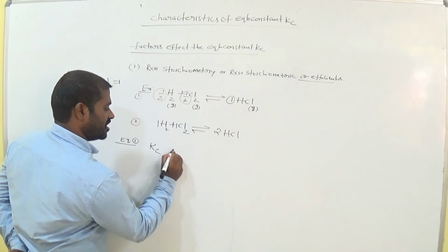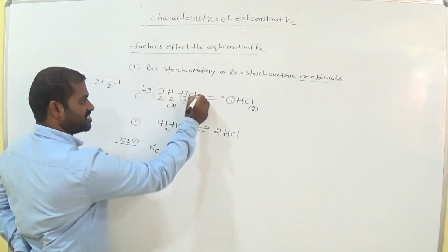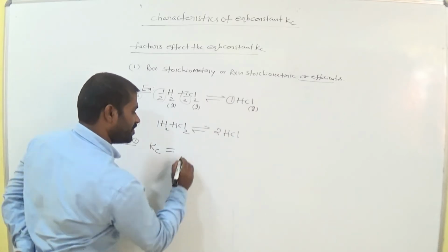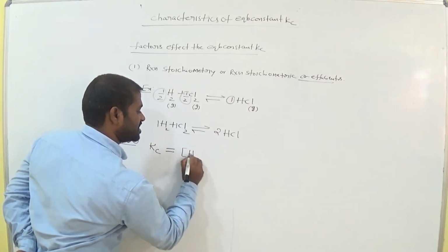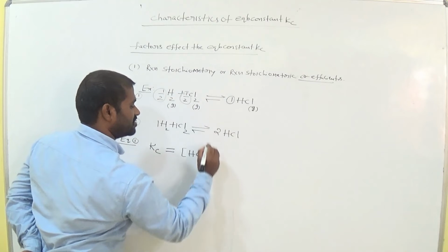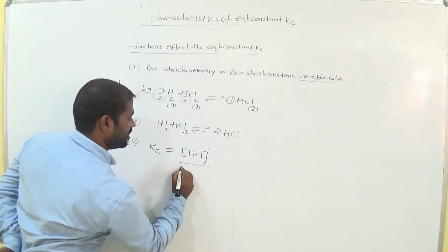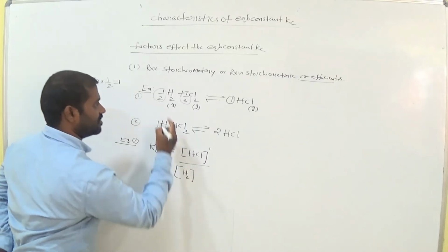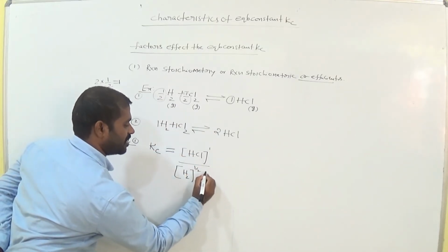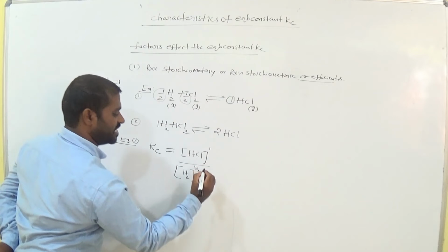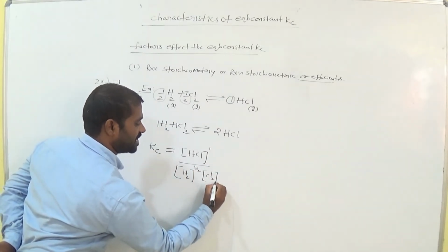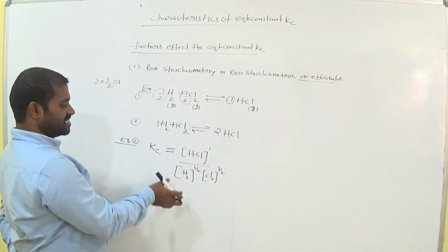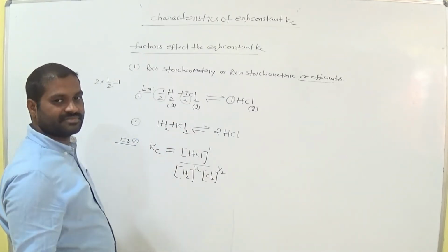Equilibrium constant Kc for the first reaction: molar concentration of HCl, what is the quotient? 1, by molar concentration of H2, what is the quotient, by molar concentration of Cl2, what is the quotient here? Am I right? This is the expression for the first equation.